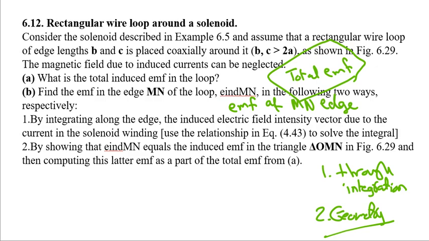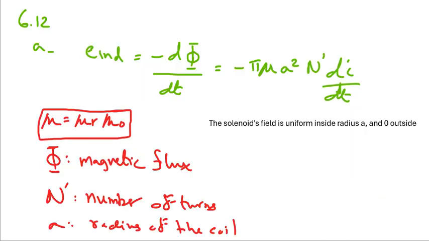This one is pretty much straightforward. So you have E induced equals the negative change in the electromagnetic flux, and that flux equals the area times the partial change of current times your mu, which is the electromagnetic permeability in space, which is vacuum, and in the medium.